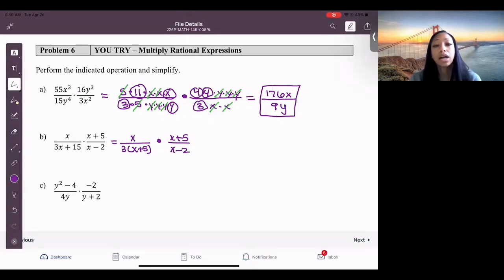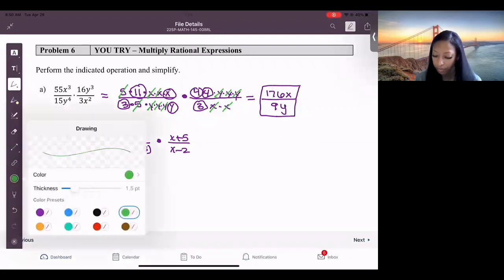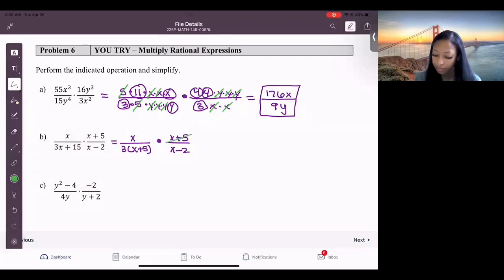Okay, so what common factors are in the numerators and denominators? The only common factor that we can cancel would be the X plus 5s. There's an X in the numerator, but there's no factor of just X by itself in a denominator. And then there's a 3 in a denominator, no 3 in the numerators.